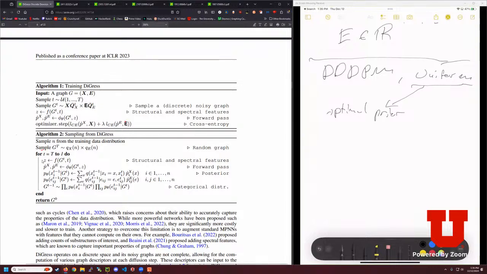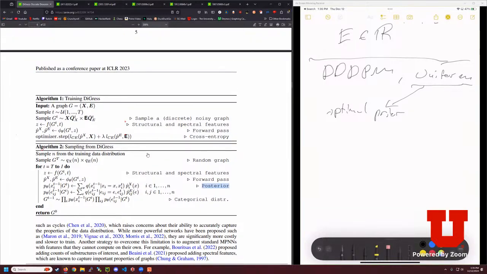Then you resample G_{t-1}. Why is it called the posterior distribution? Why do they call this the posterior?